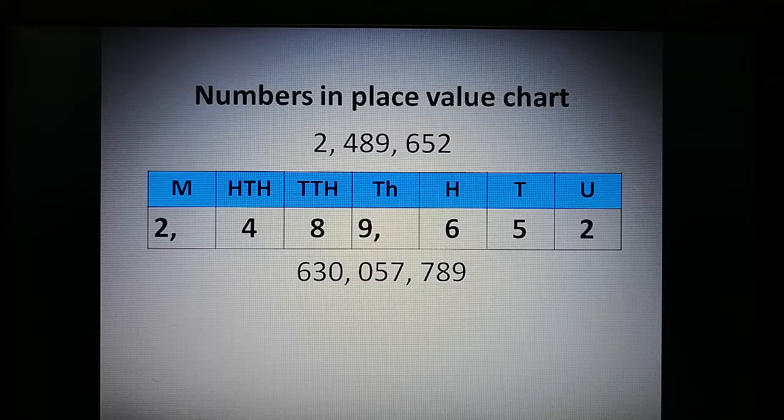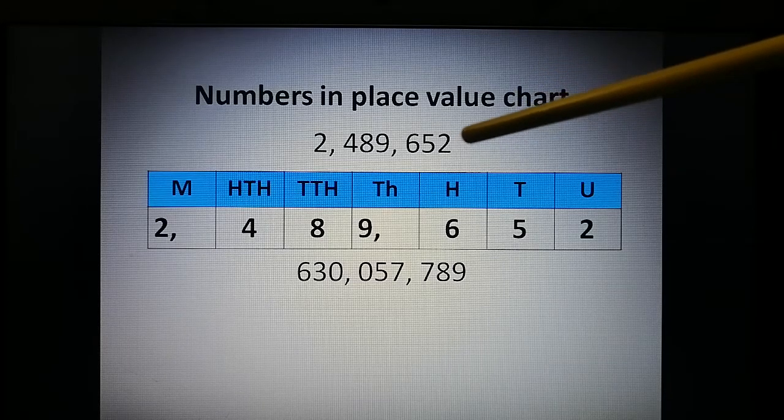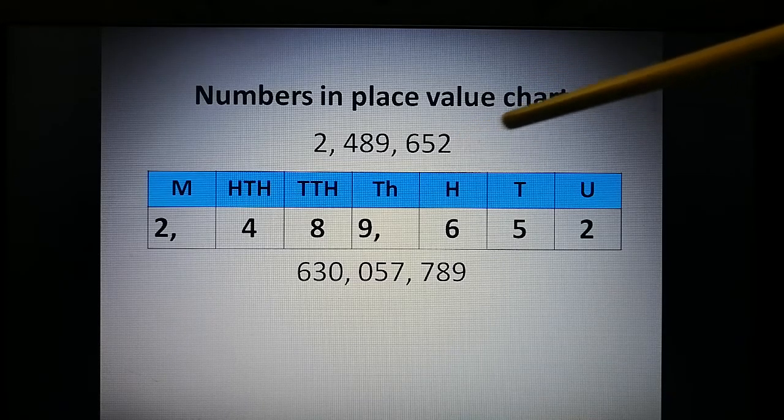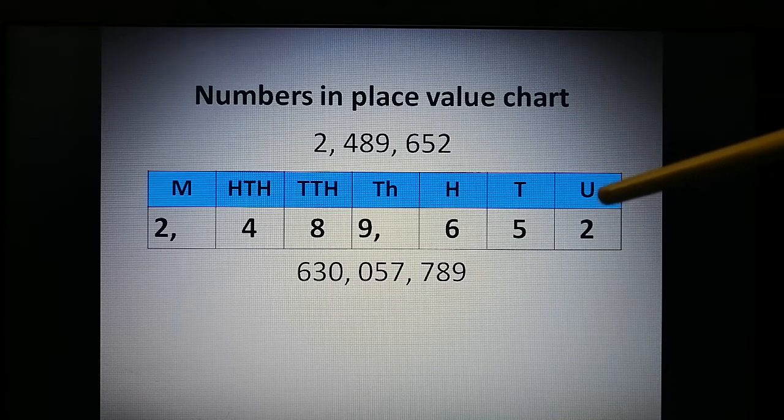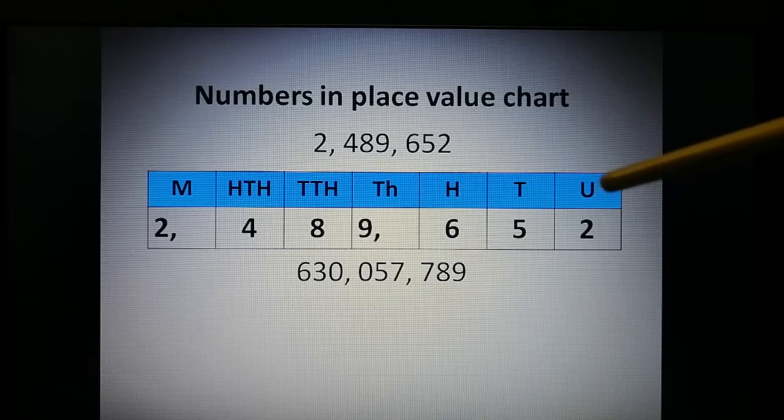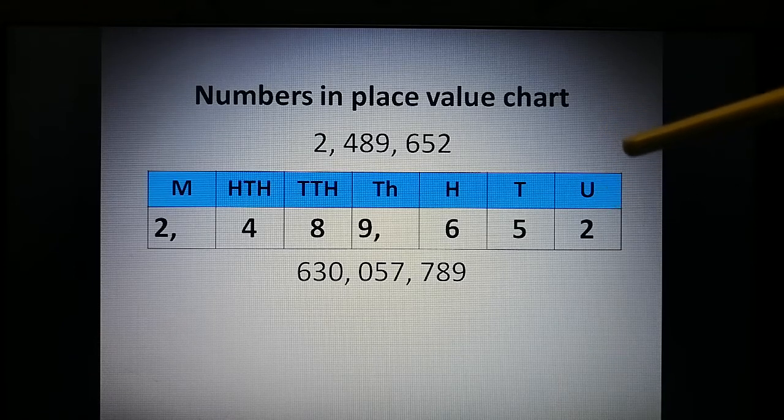In this number, how many units do we have? 2. I am writing 2 in the units box. It is a must to put one digit in each box of the place value chart.